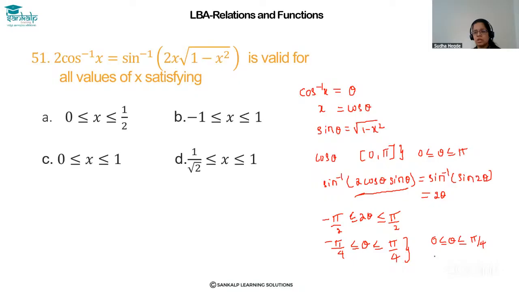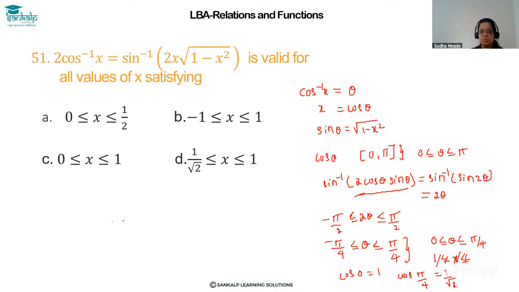So cos 0 is 1, and cos pi by 4 is equal to 1 by root 2.